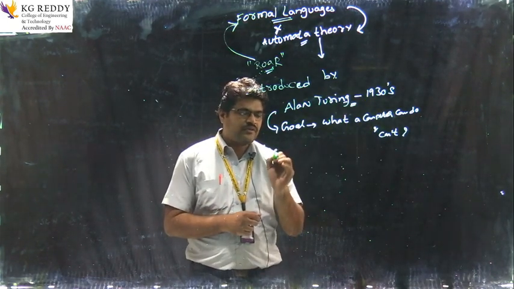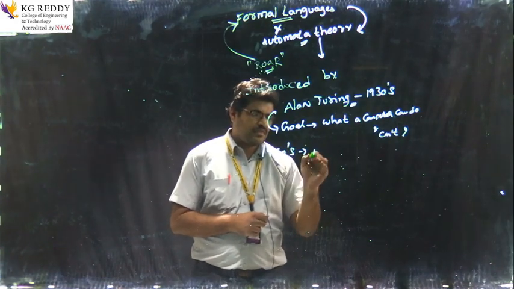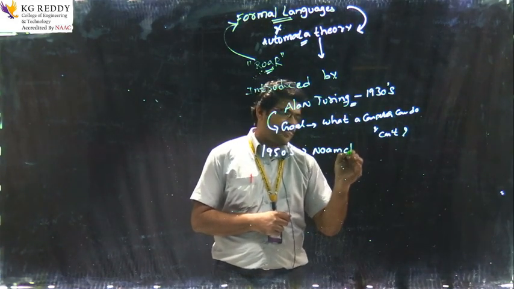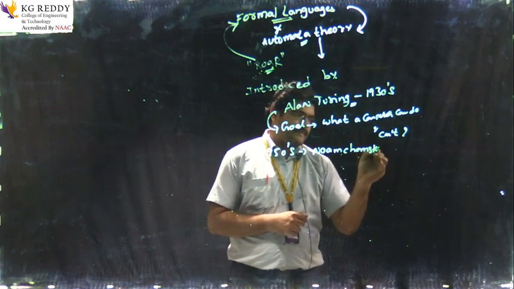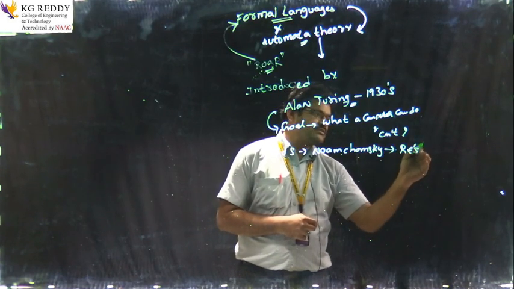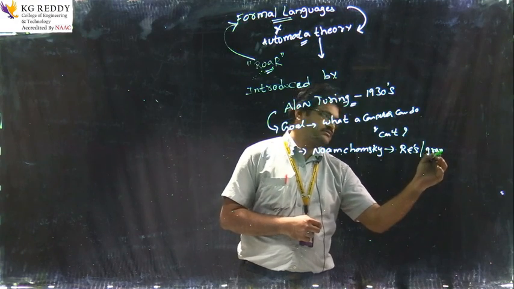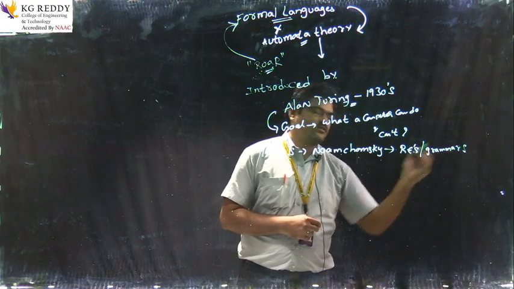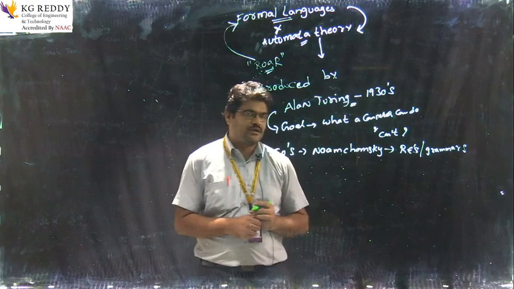In the 1950s, Noam Chomsky introduced the concept of regular expressions and grammars for these FLAT concepts, formal languages and automata theory.